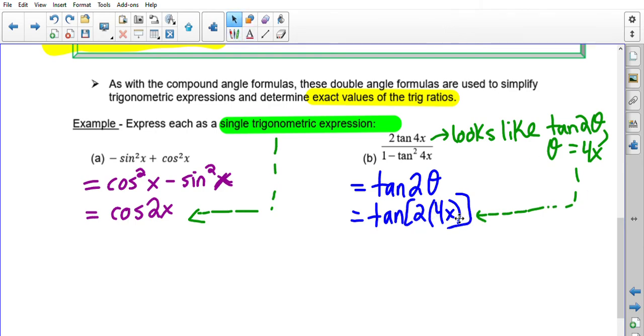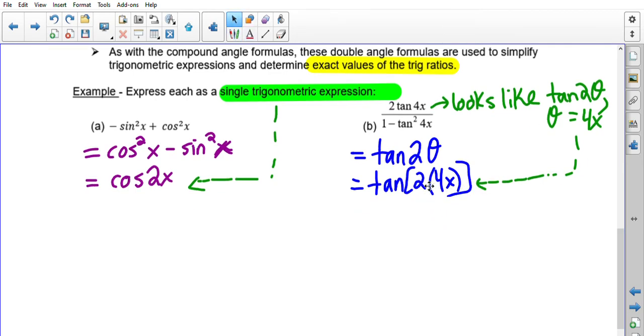Now obviously you should always simplify here. 2 times 4x is another way of writing tan 8x. So we just wrote this as a single trig expression. Because here this was a trig expression up top, and then 1 minus, and then another expression at the bottom. So collectively we put it as 1.